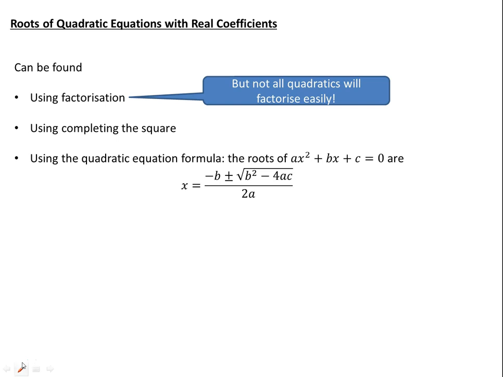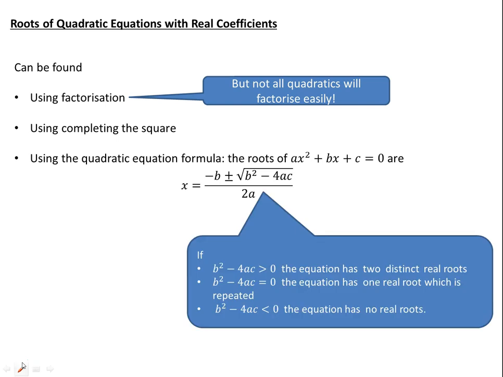This formula is actually useful because if we look at the value of b squared minus 4ac, that is the discriminant of the quadratic equation. If b squared minus 4ac is positive, greater than 0, then the equation has two distinct real roots.